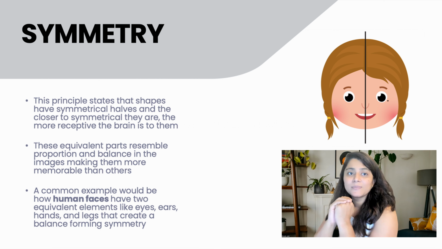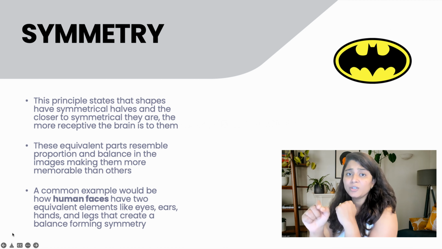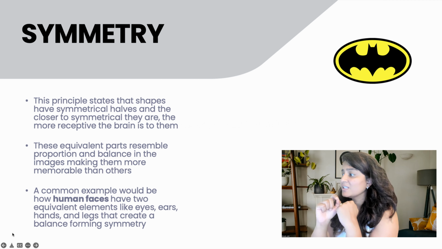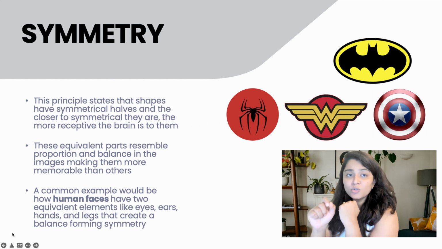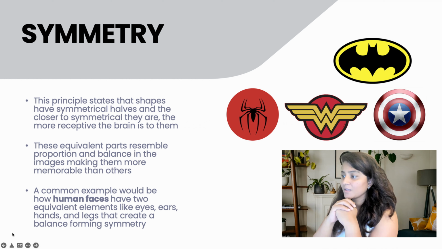And this principle is something that's used by almost every superhero logo that you might have ever seen. Let's look at Batman's superhero logo. Let's look at Spider-Man. Let's look at Wonder Woman, Captain America, all of them show you the feeling of symmetry, that the left side and the right side of the icon is absolutely the same.